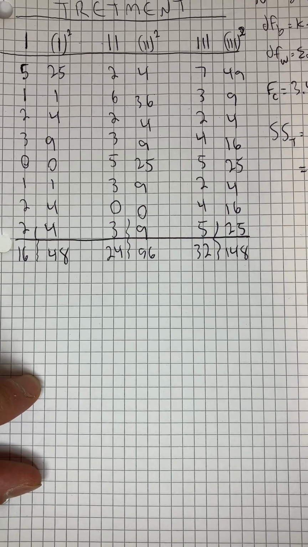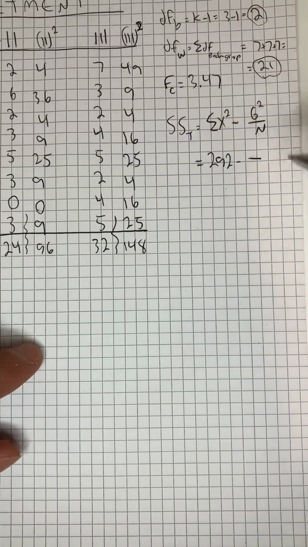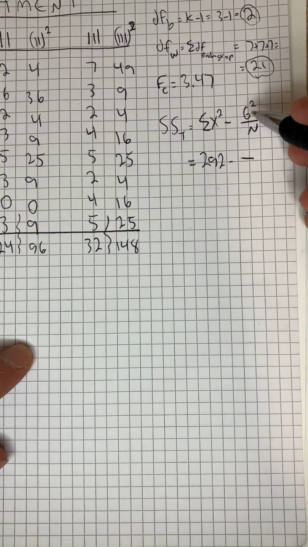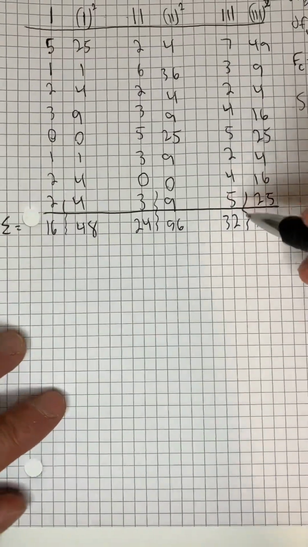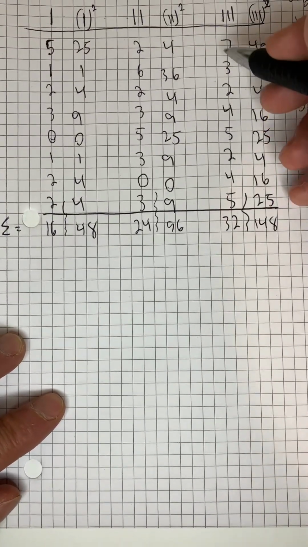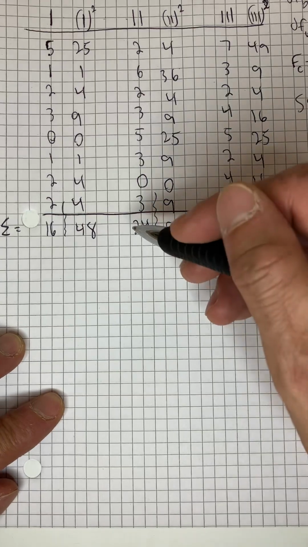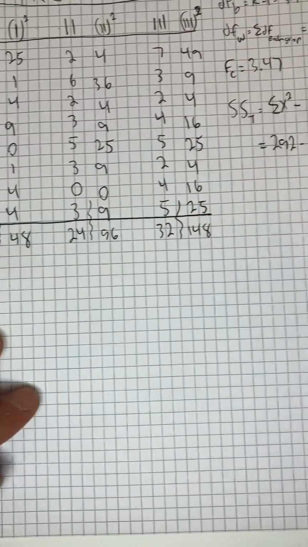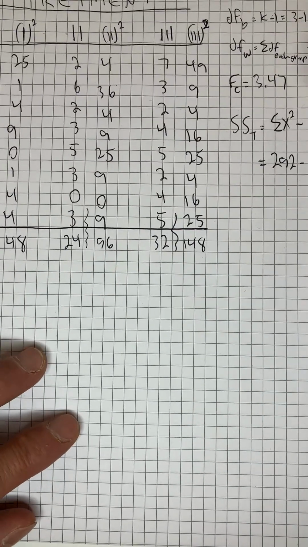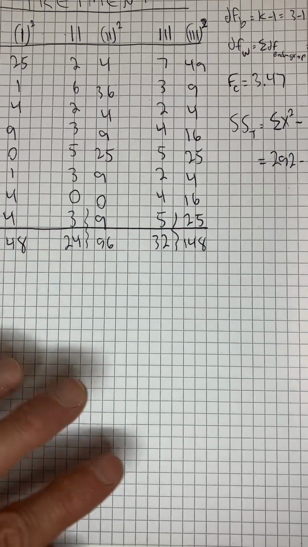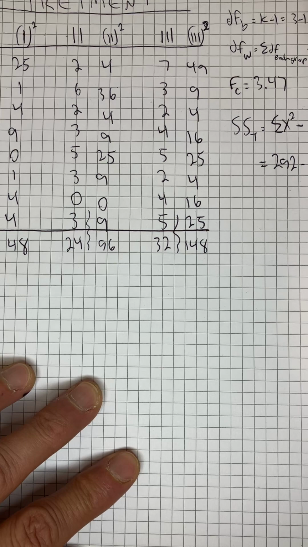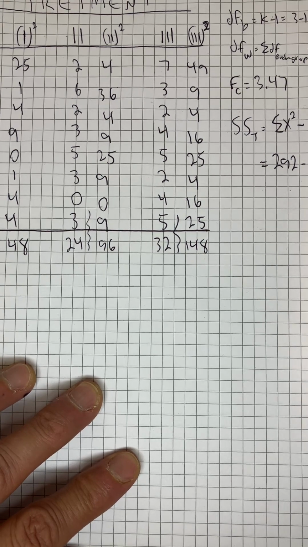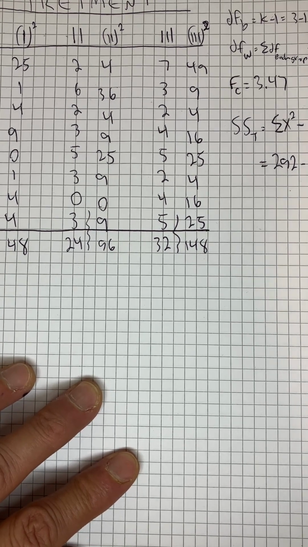The G term is just adding up the raw scores before we squared them. So that's 16 plus 24 plus 32, which is 72. And big N, of course, is 24.